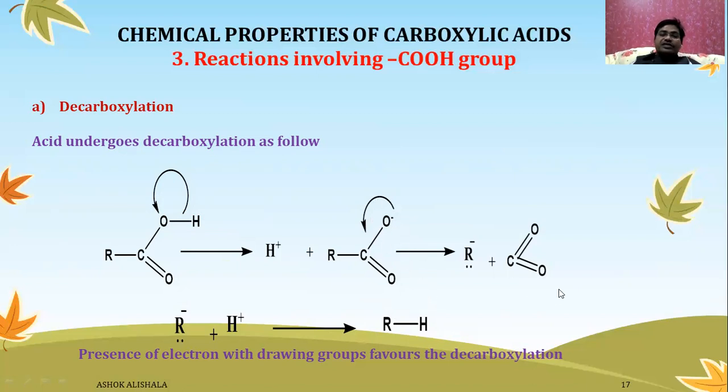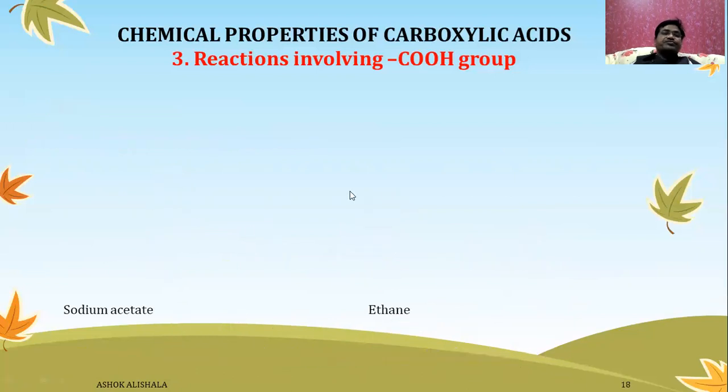Now, as I just told you, this will be removed as carbon dioxide, and you will get an alkyl anion, and this will take the H plus ion. Here it is removed. The presence of electron withdrawing groups favors decarboxylation. That is, the more electron withdrawing groups there are, the more easily it undergoes decarboxylation.